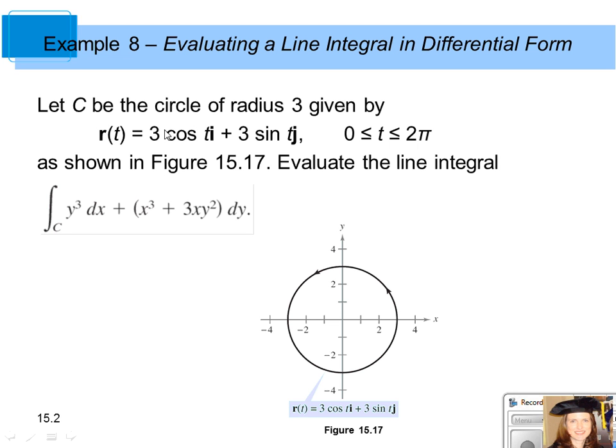Then x equals r(t) = 3 cosine t i + 3 sine t j, and the time interval is from 0 to 2 pi. We want to evaluate the line integral of y cubed dx plus the quantity x cubed plus 3xy squared dy.